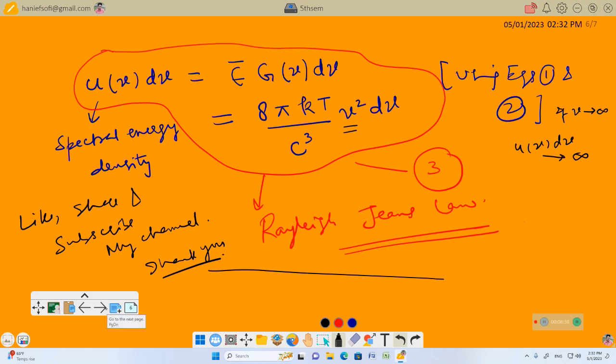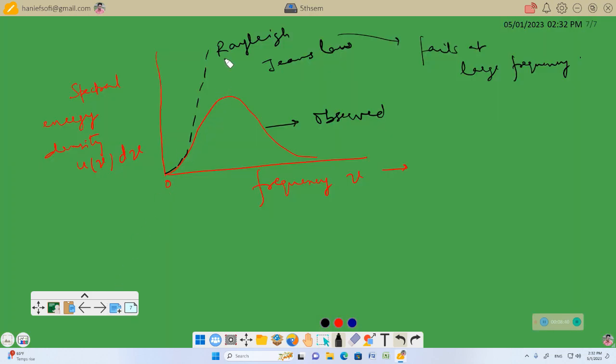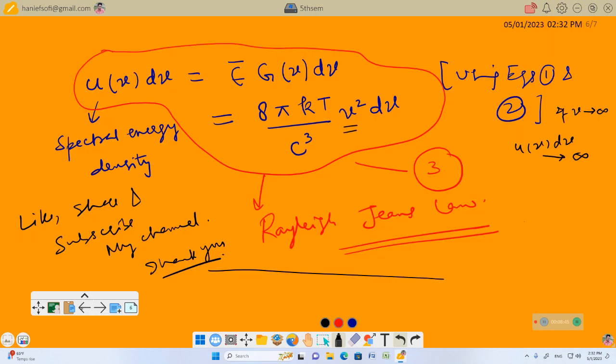That is indicated in this figure as well. It is going up, the curve for Rayleigh-Jeans law.